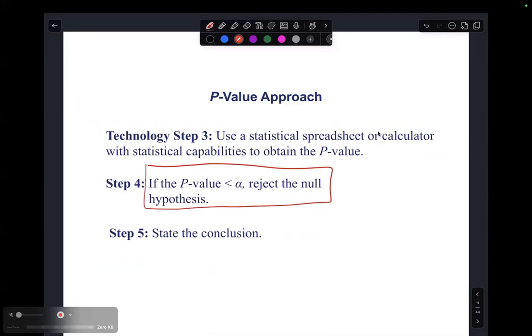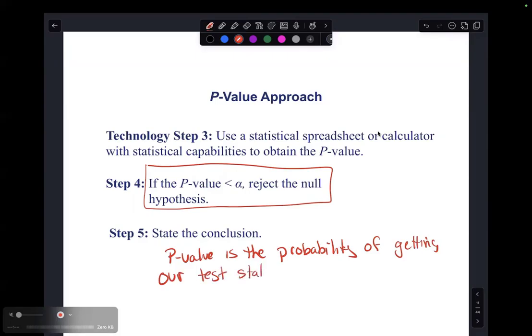So the p-value is the probability of getting that z-score, our test statistic, if the null hypothesis was true. So I'm going to write this down. The p-value is the probability of getting our test statistic if H naught is true.